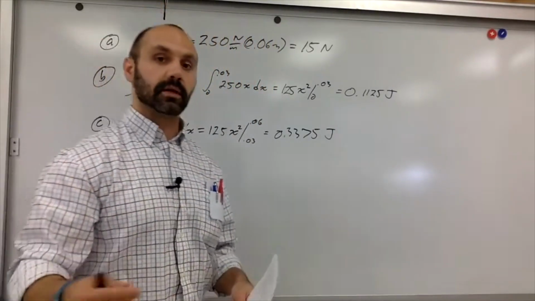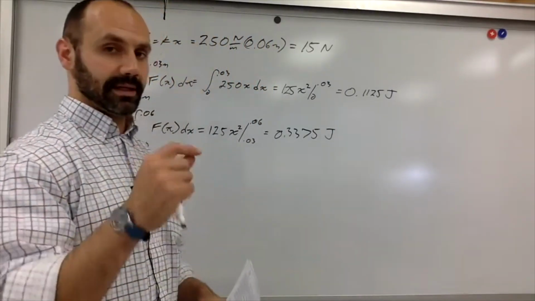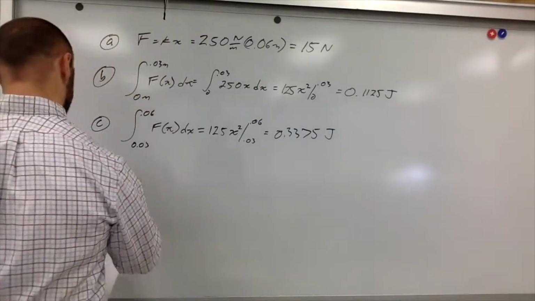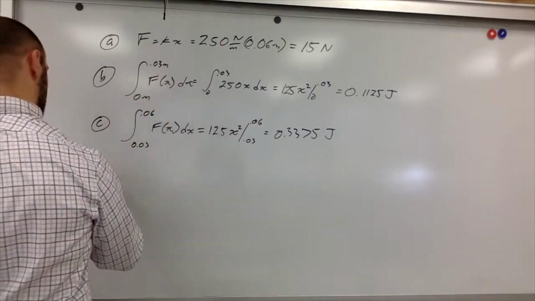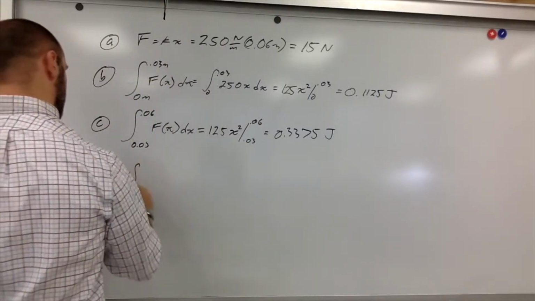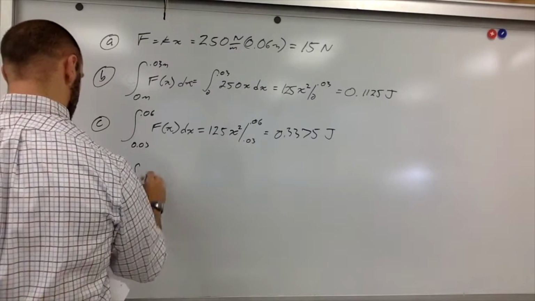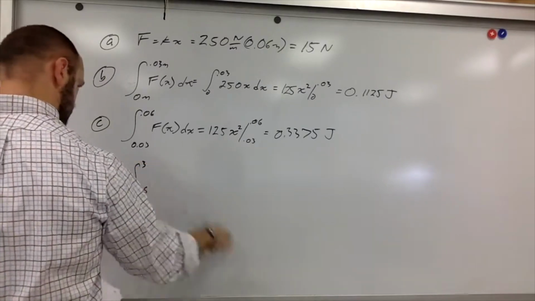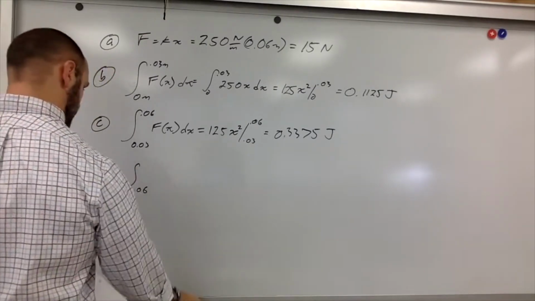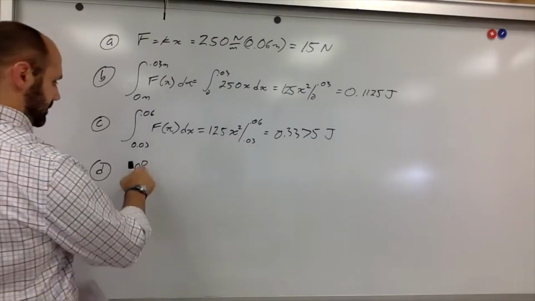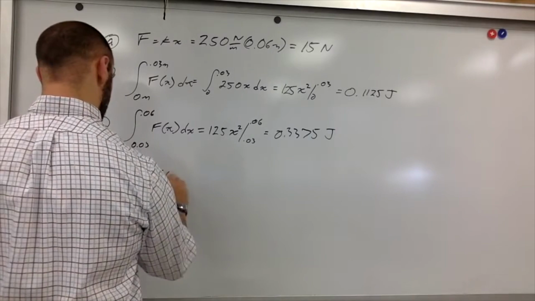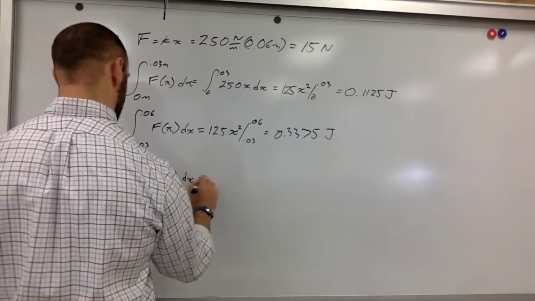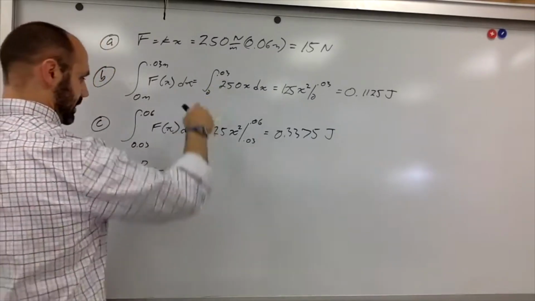All right, work done by the spring. So now we're looking at negative kx, right? Or the negative of this. So D is going to be going from 0.06 to 0, from the maximum amplitude back to the equilibrium position. And it's going to be negative F of x dx. And so this is the negative of what we had up here.